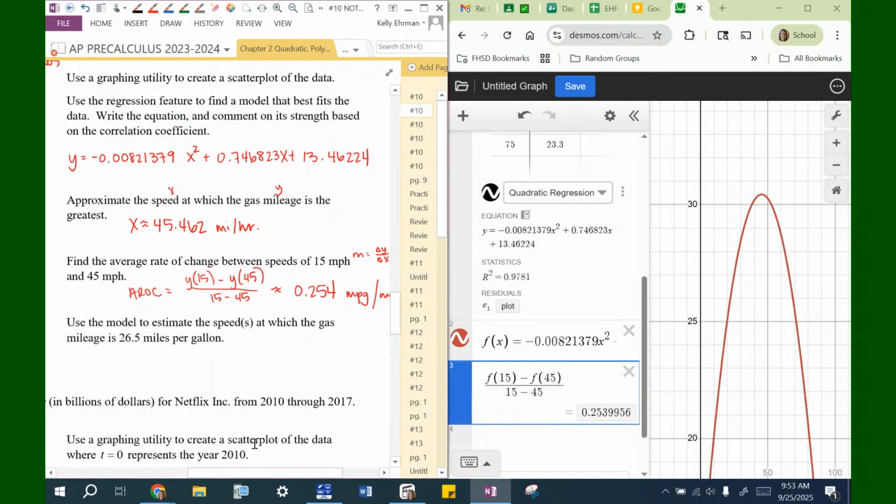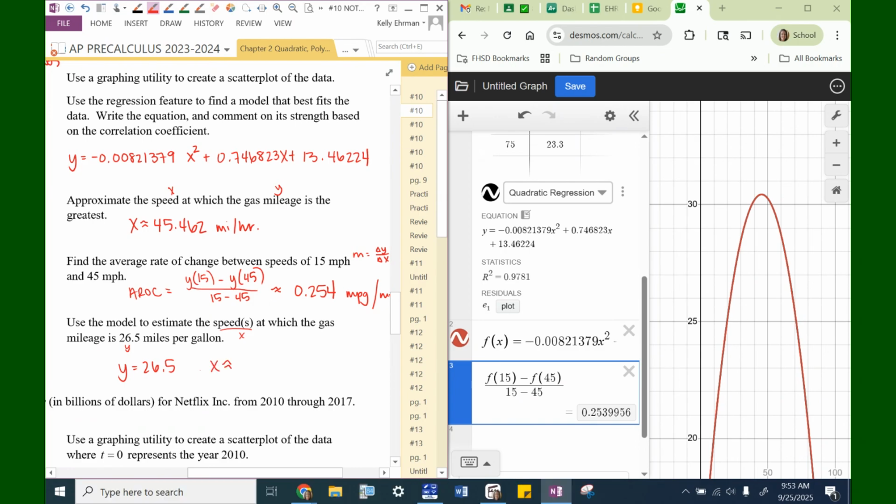Use the model to estimate the speeds, the x's, at which the gas mileage, the y, is 26.5 miles per gallon. So they're asking me to set this equation for y equal to 26.5, and that happens when x is approximately... Now, the long way to do this is set this equal to 26.5, subtract, and use the quadratic formula with these terrible decimals.